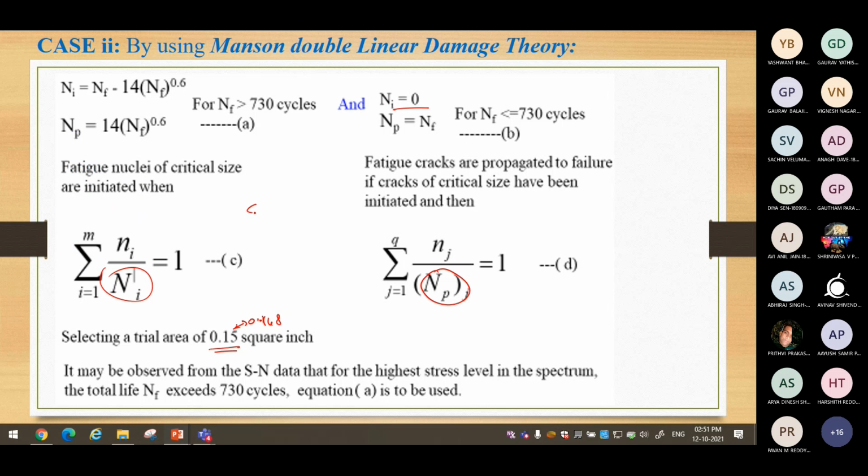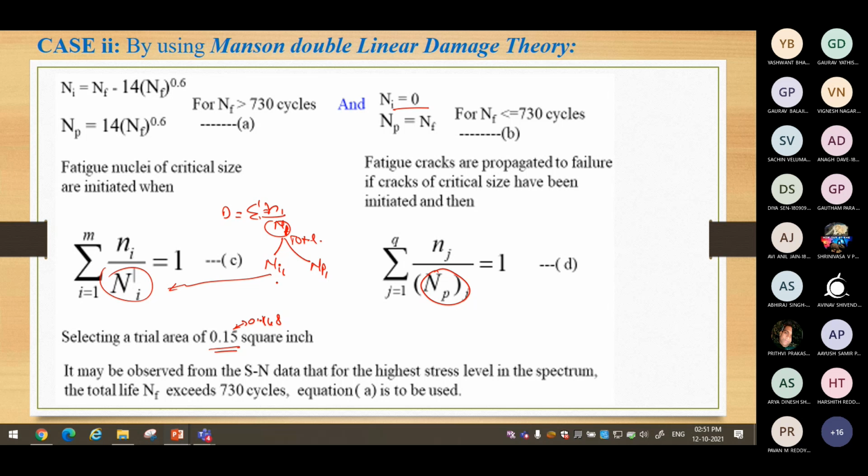In the case of Palmgren-Miner's direct damage rule, it is N1 by N2, where this N2 is the total life. In the case of Manson's rule, you have to break this N2 into initiation life and propagation life at that load, capital N1 and so on.